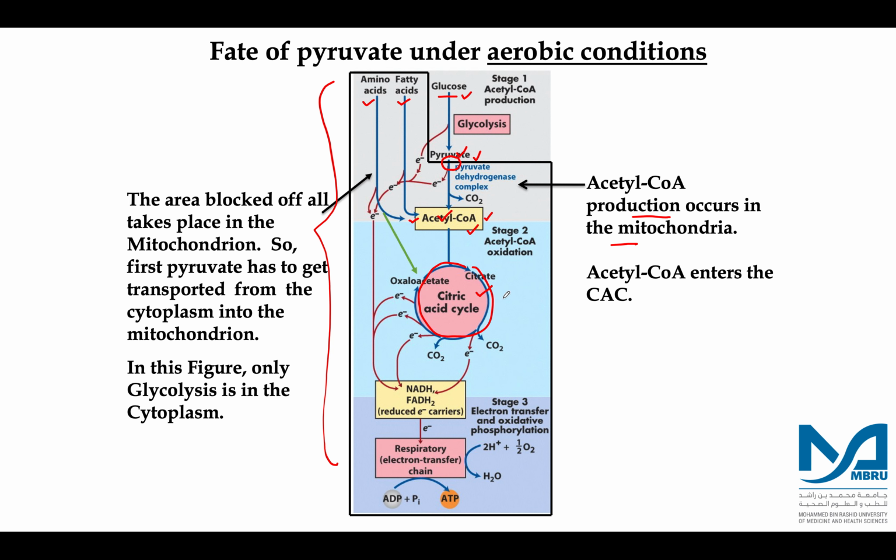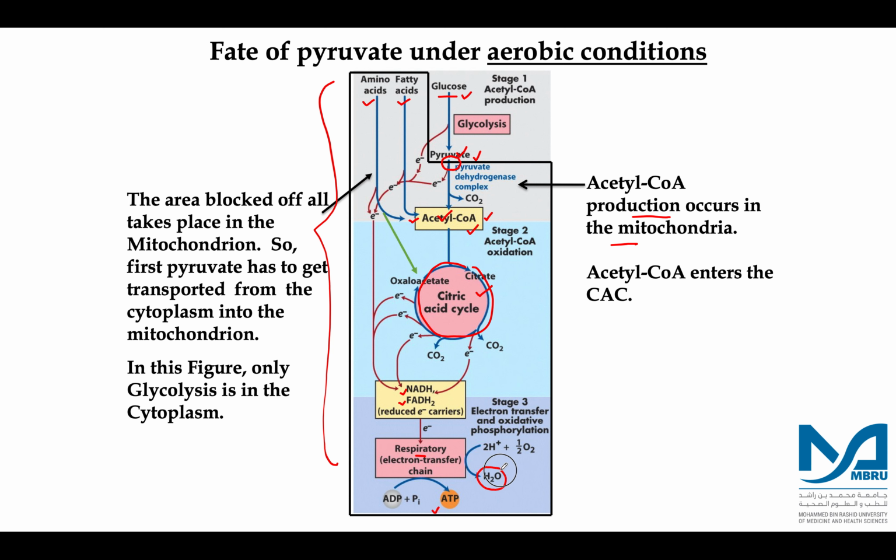Now, after it has gone into the TCA cycle, it will produce protonated NADH and FADH2. And sometimes in some books they call NADH and FADH2 high energy electron carriers, and NADH and FADH2 are then oxidized in the respiratory chain, leading to the production of ATP and with the production of water as well.